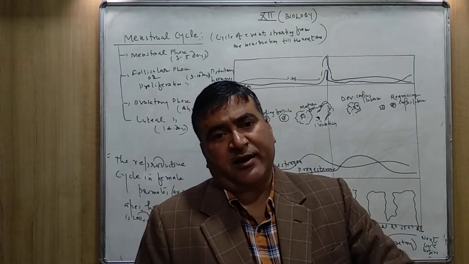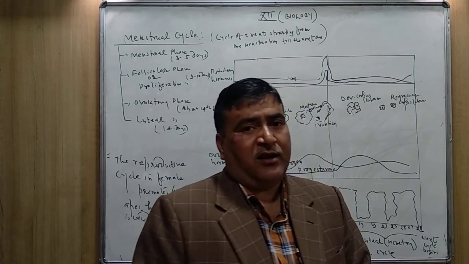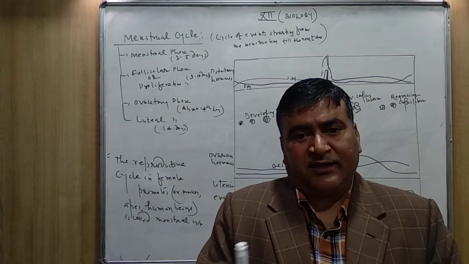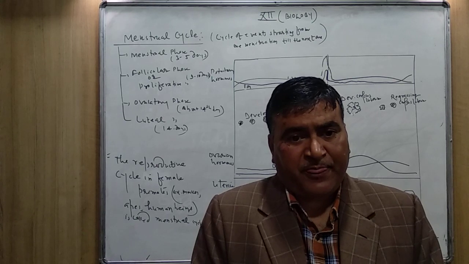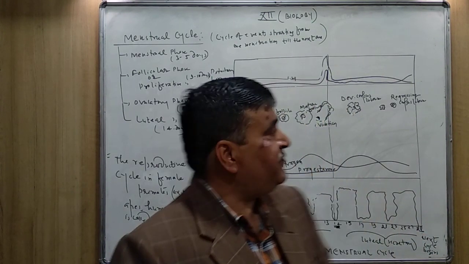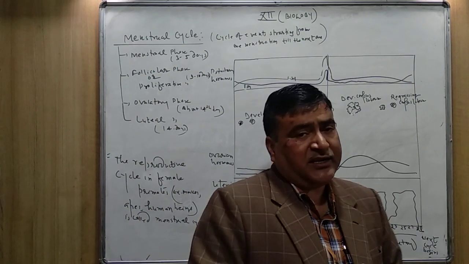Due to the lack of progesterone, the wall which was built up again ruptures, and the next cycle gets started. Means the menstrual cycle or the next cycle starts.